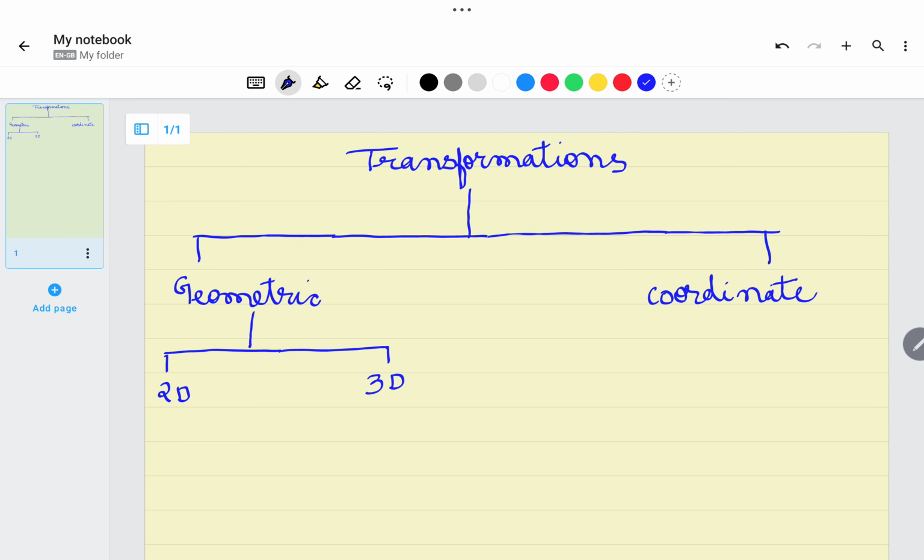In the same way, coordinate transformations can also be subcategorized into 2D and 3D.